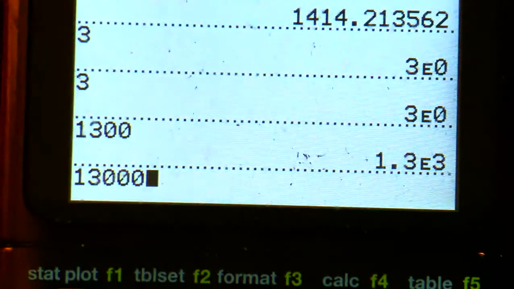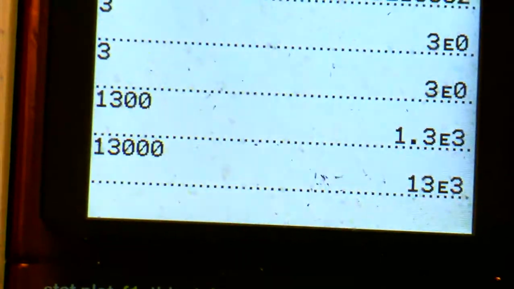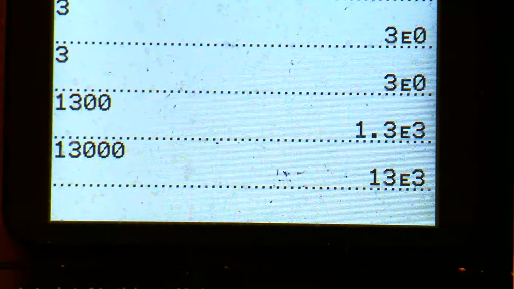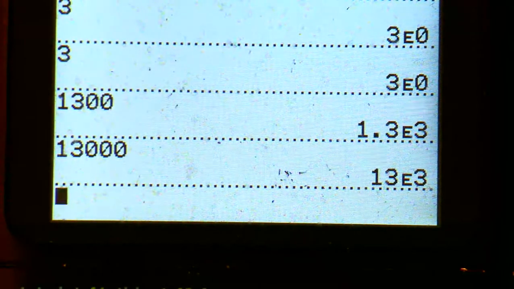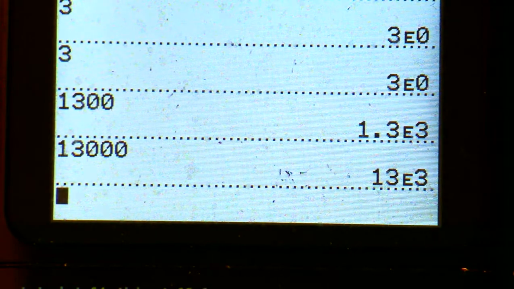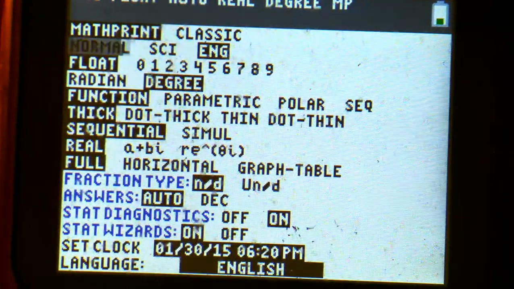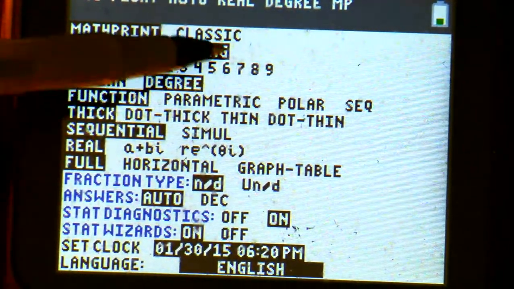In engineering format, it will say 13 times 10 to the 3rd power, meaning 13 kilo whatevers. So anyways, as long as I'm showing you what the mode button does, I thought I'd explain to you what ENG stands for.